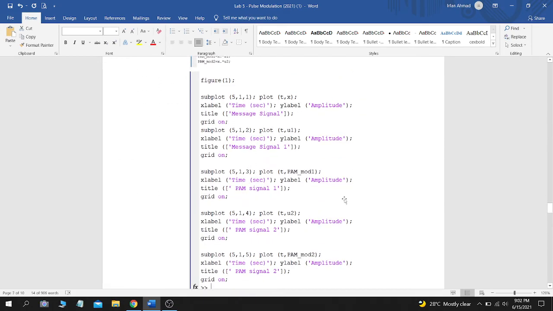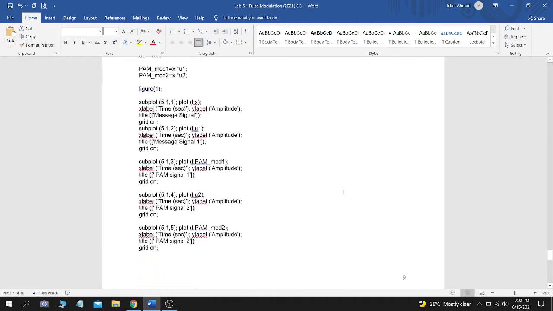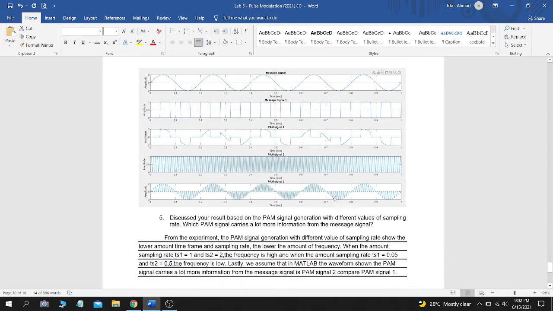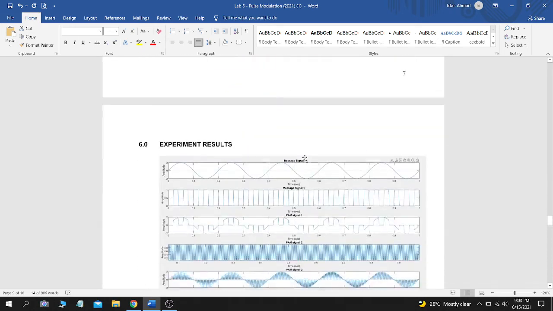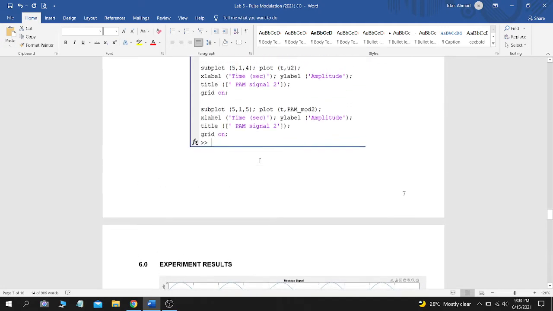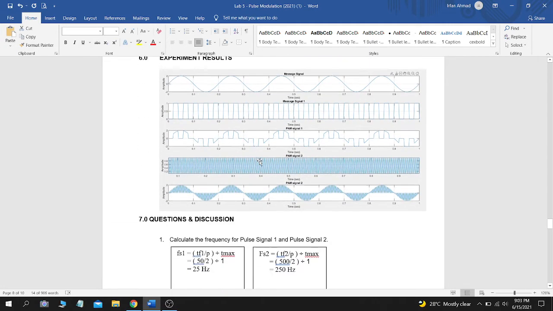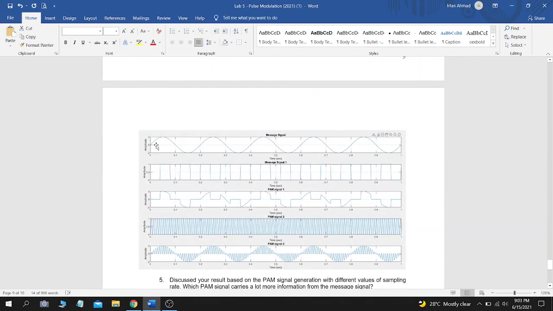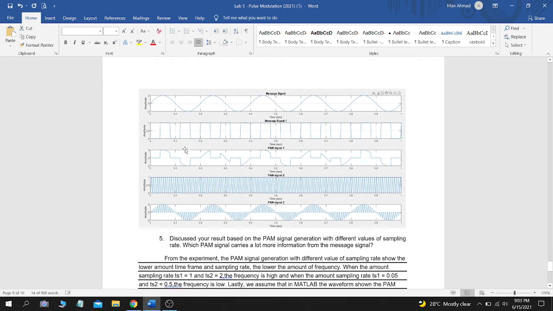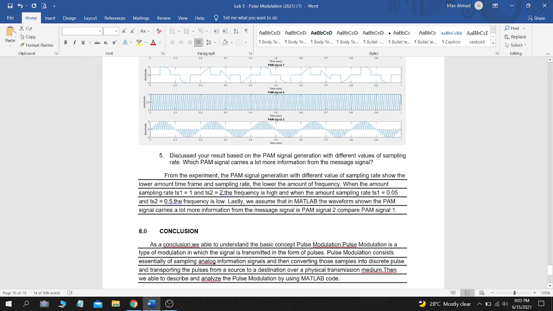Comparing the output message signal to before we changed, we can conclude that the time distance and the amplitude will change.